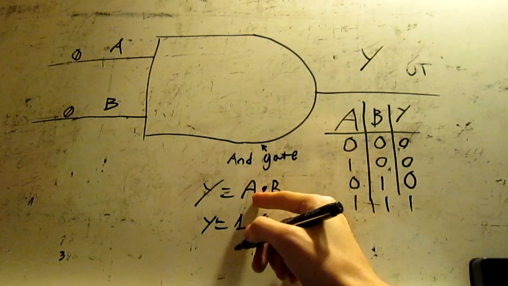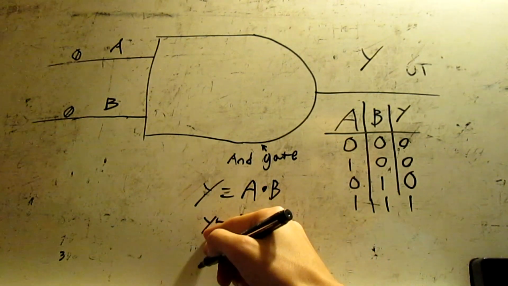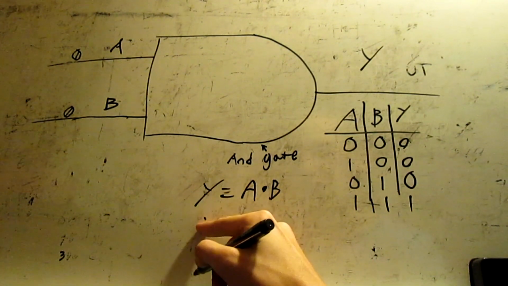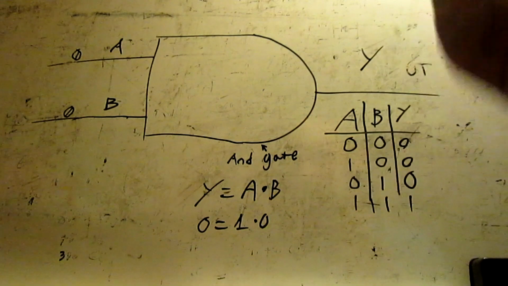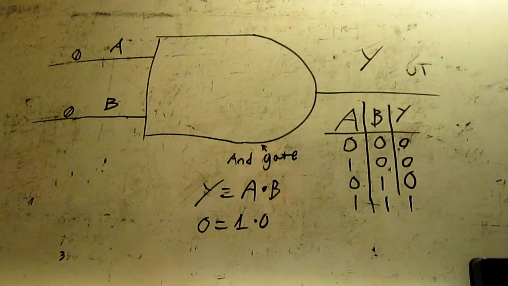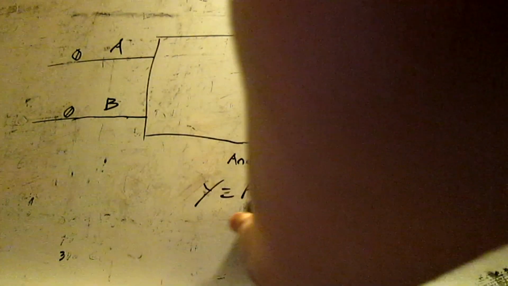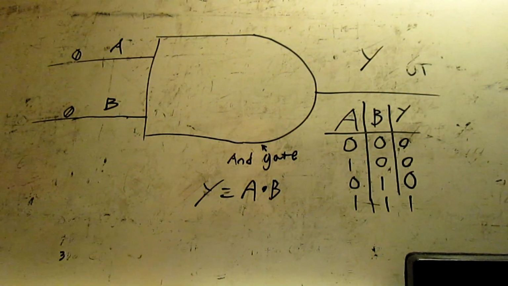Like A was 1 and B was 0. Y is going to be 0 because 0 times anything is 0. So yes, that is the equation, Boolean algebra right there. Google it.